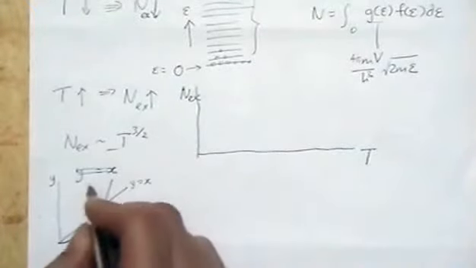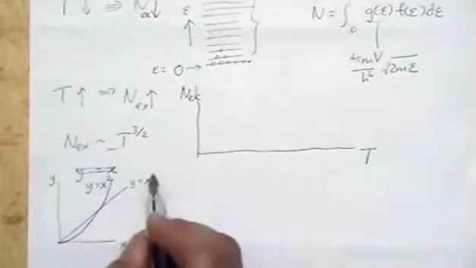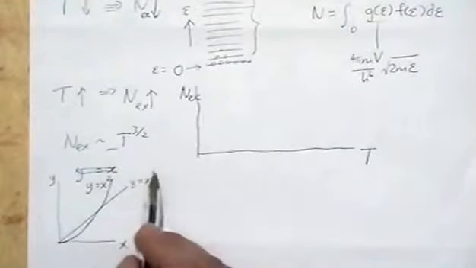Now we know what that looks like. It's a curve, it's a parabola. So that's y equals x squared. Why are we talking about y equals x and y equals x squared? Because we're interested in the power 3/2, which is in between x to the power of 1 and the power of 2.